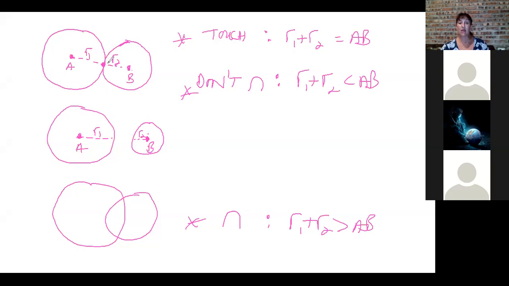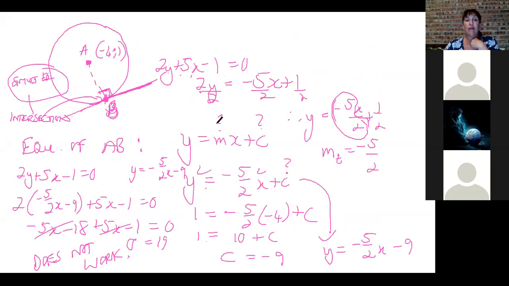Ma'am, with the tangent on the previous slide, we have to find the equation of the tangent. I actually wanted you to find the equation of that. I gave you the equation of the tangent. Yes, ma'am, but if they ask you to find the equation of the tangent, can you say that gradient AB times the gradient of the tangent will equal -1? Yeah. But that means you still have to end up with the opposite gradient. Yes, ma'am. Okay, ma'am. Thank you. Perfect.